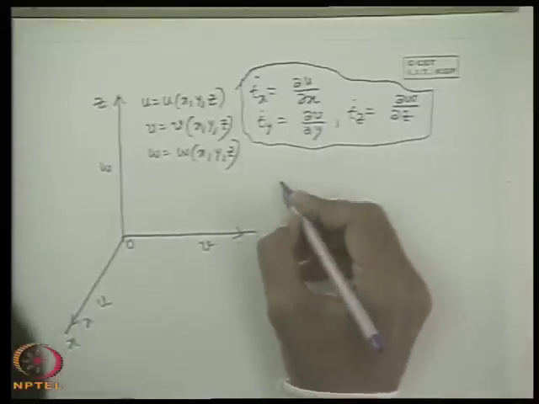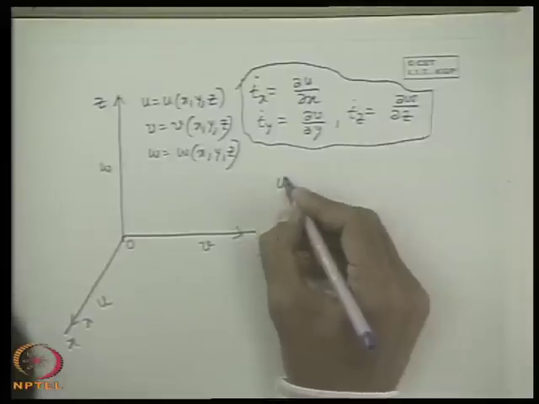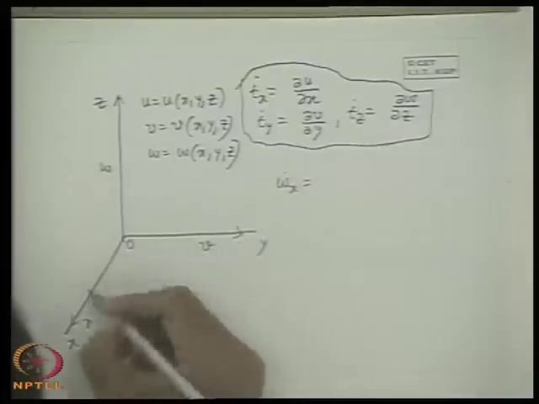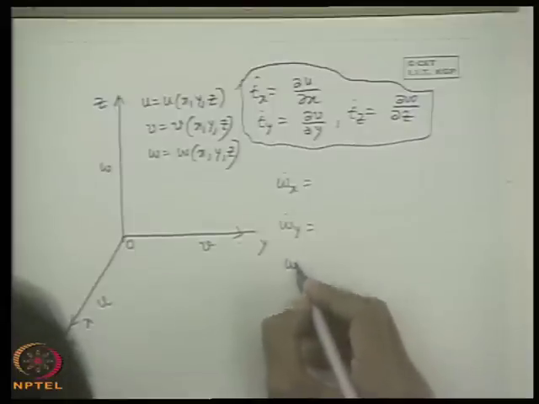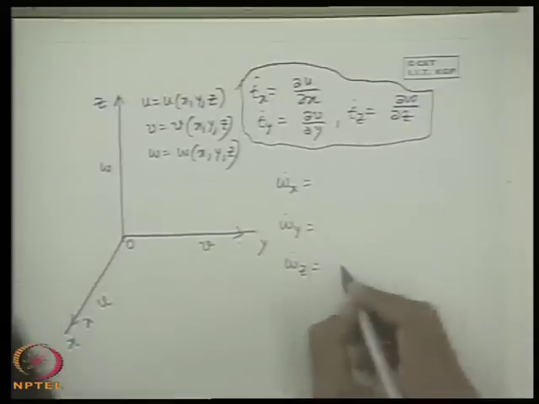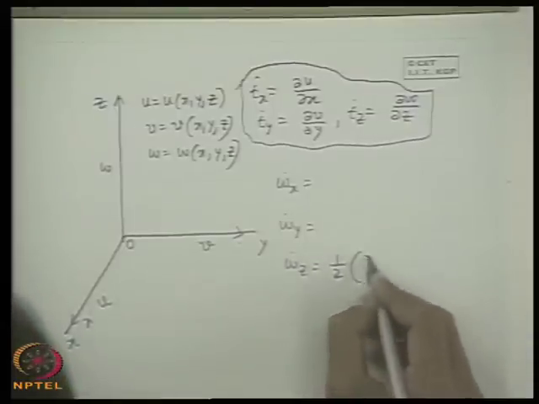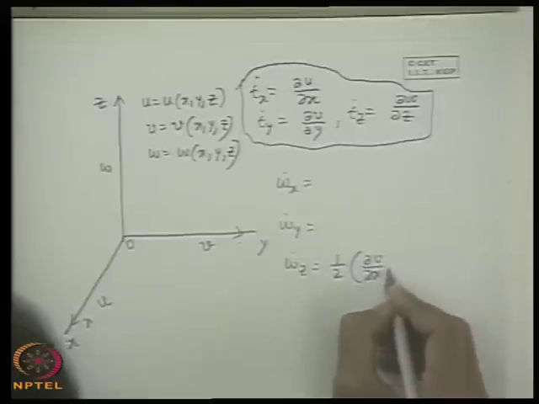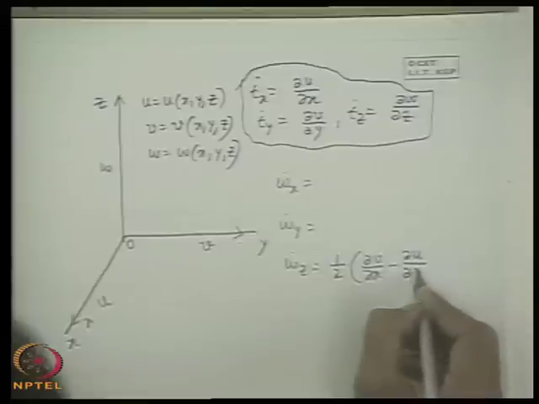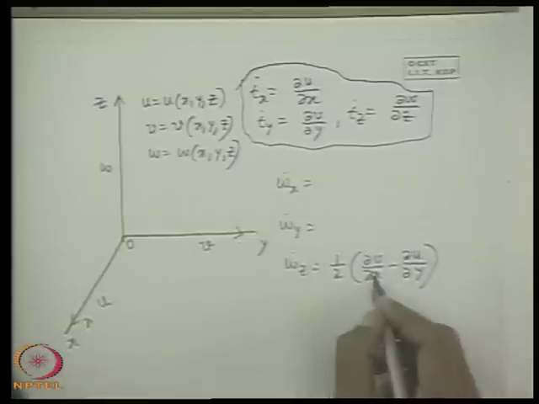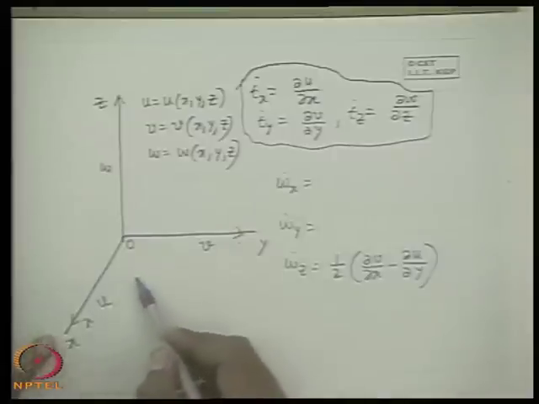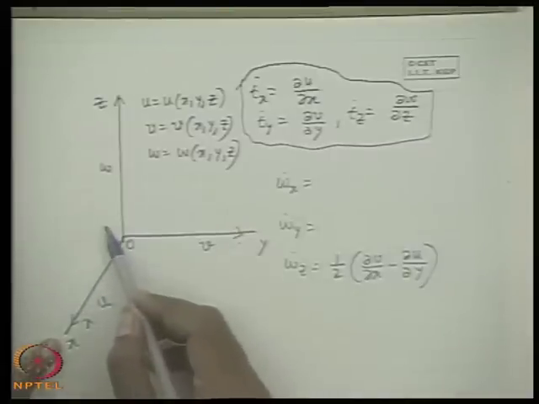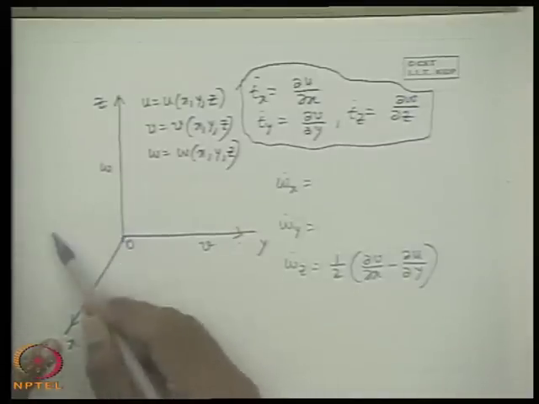Now omega dot x, that means about the x axis, omega dot y and omega dot z. Omega dot z we have already recognized as half of del v del x minus del u del y. In defining this, we have considered anticlockwise rotation or angular velocity as positive. Similarly, with respect to the x direction, anticlockwise rotation is positive.